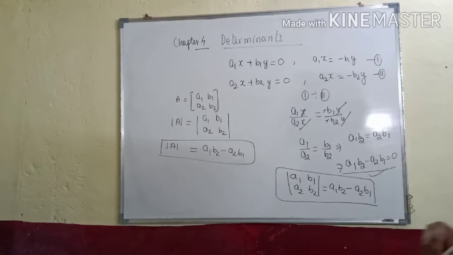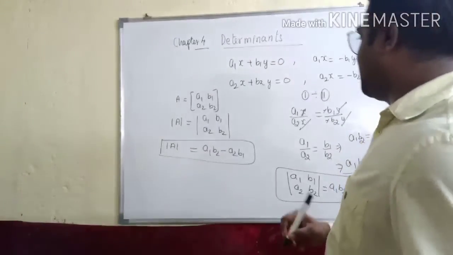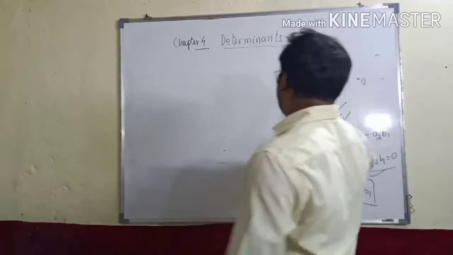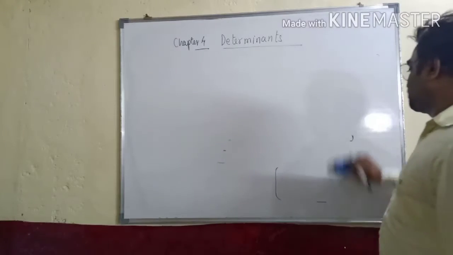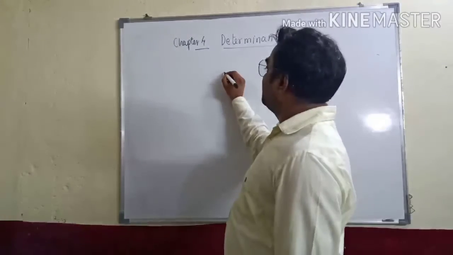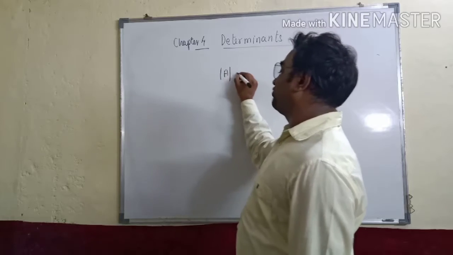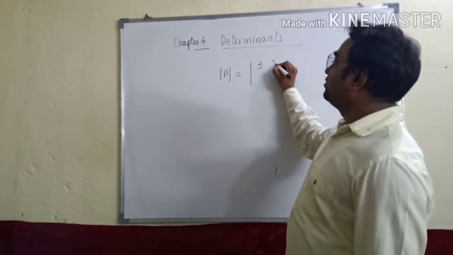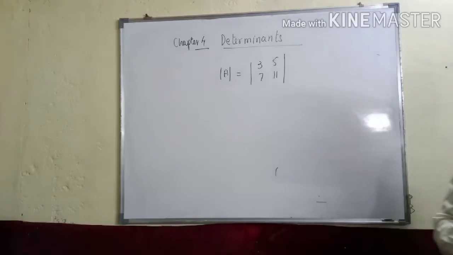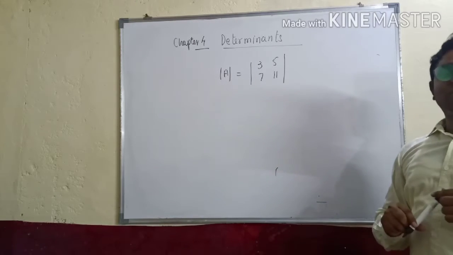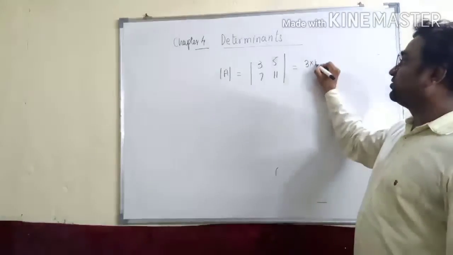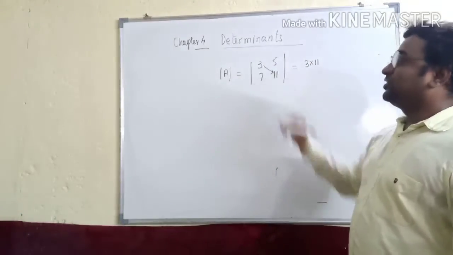Here we will go for some more examples. Like if there is an example mentioned, how will we find the determinant value? Like if we have to find the determinant of A, so here 3, 5, 7, 11 is here. We have to find the determinant of the given term. So we will write the cross product of this term.